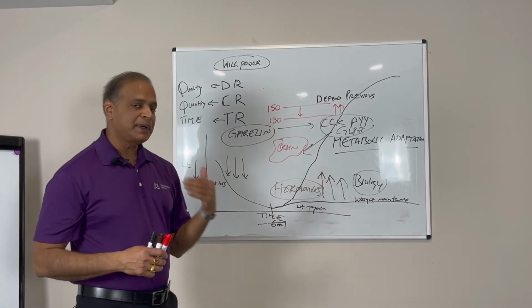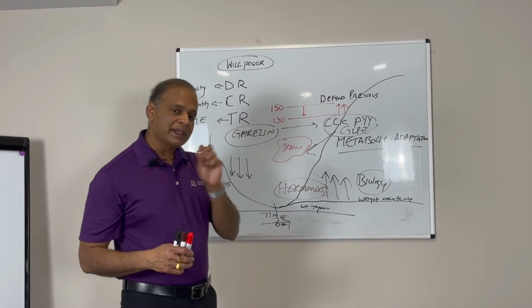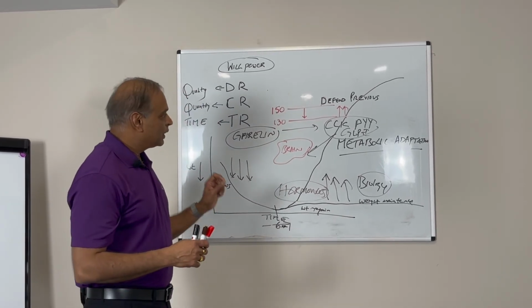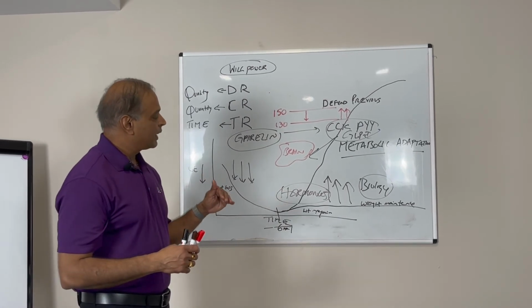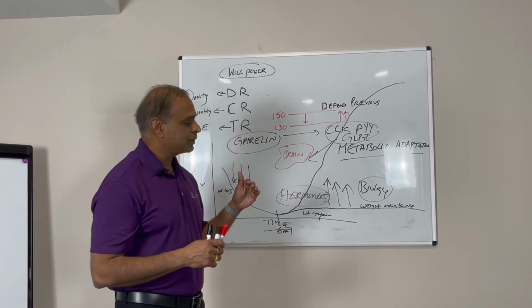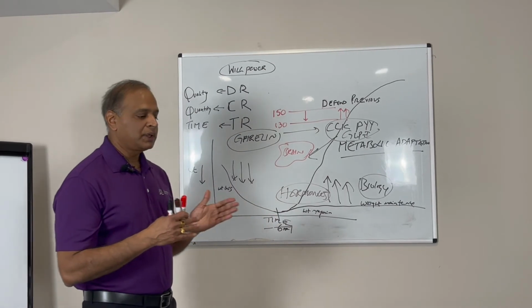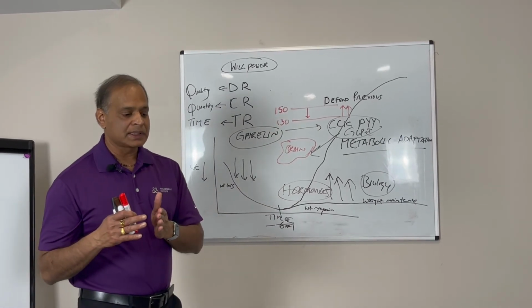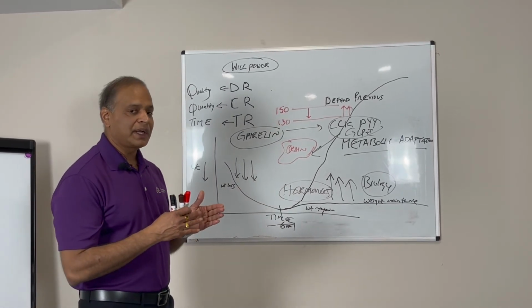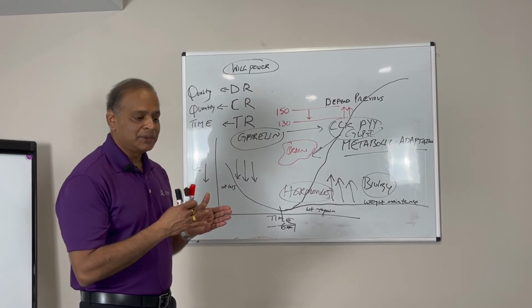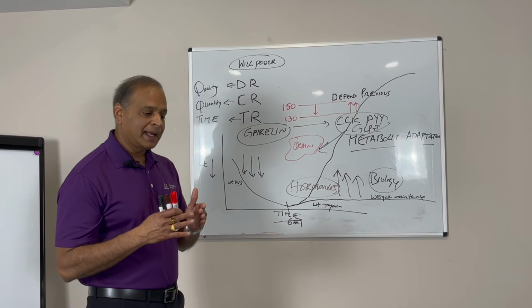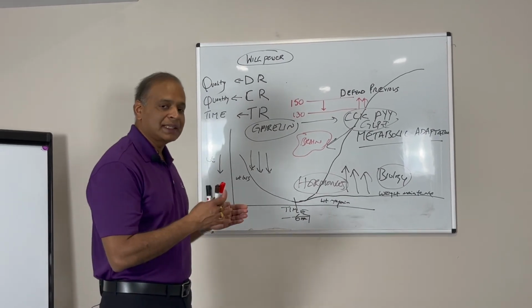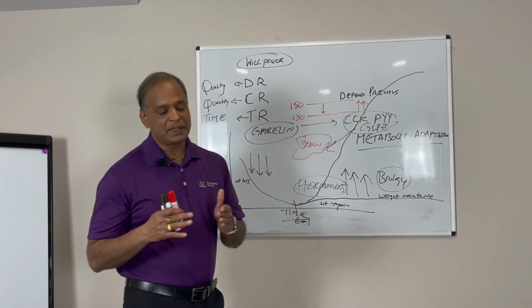If you have a better understanding about how the body works, then you will not approach this like weight loss. We should not try to address weight loss to get healthy. We should try to address health to get weight loss. So weight is a consequence. If you approach health, weight loss will happen as a consequence.